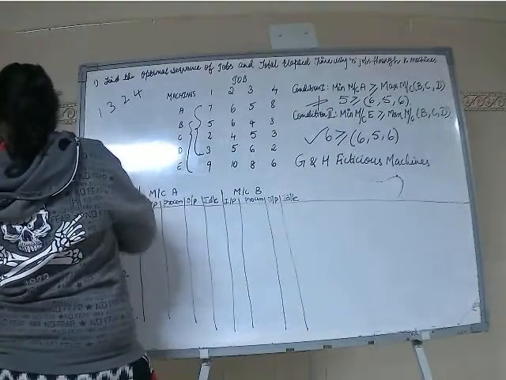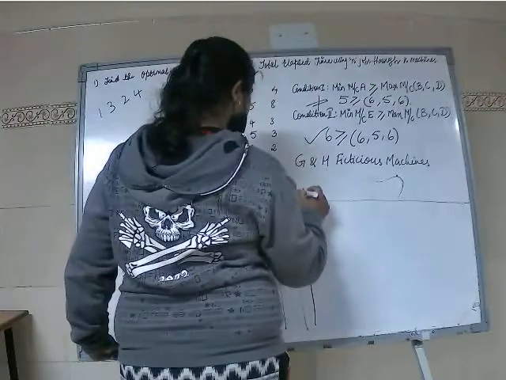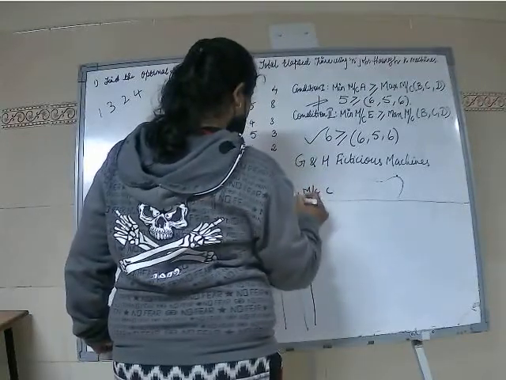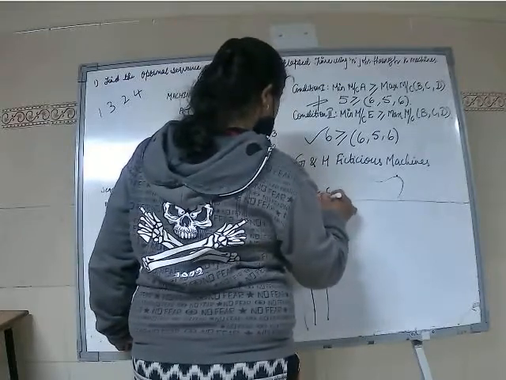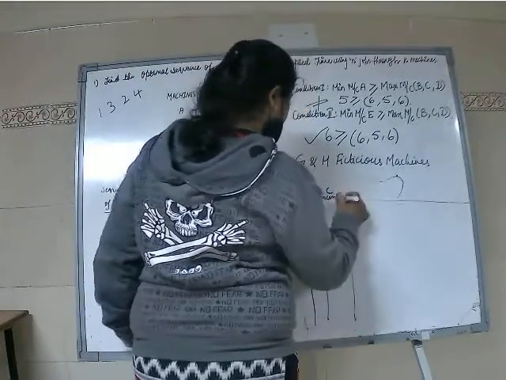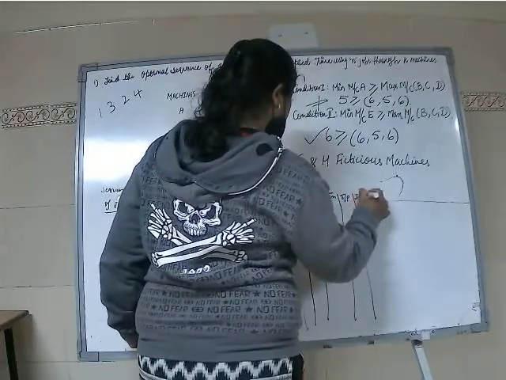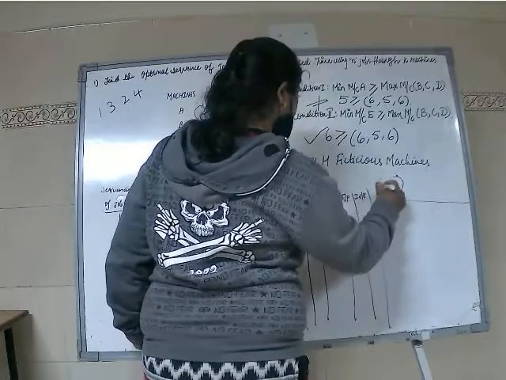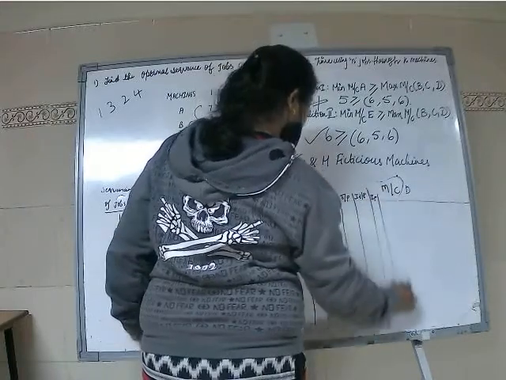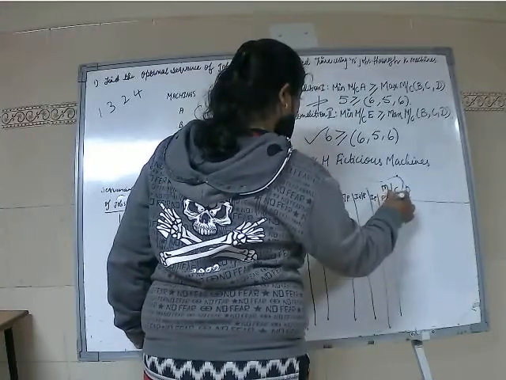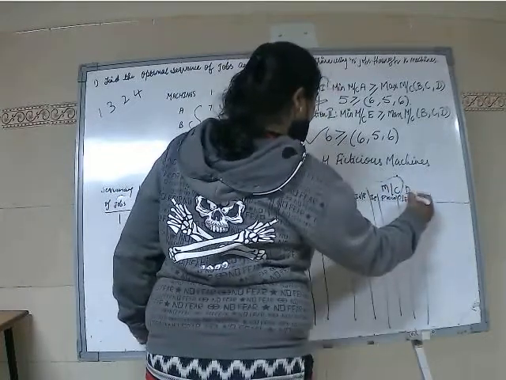Okay students, then next for machine C: input, process, output and idle value. Similar for D: input, process, output and idle value.